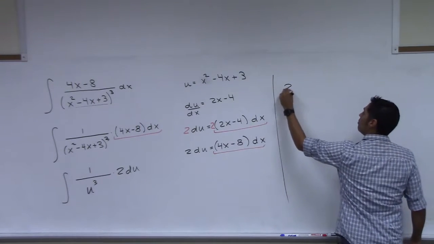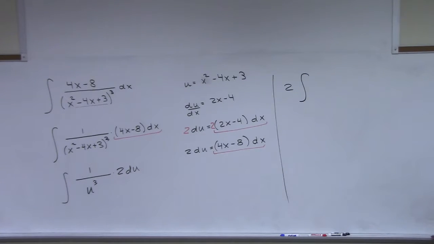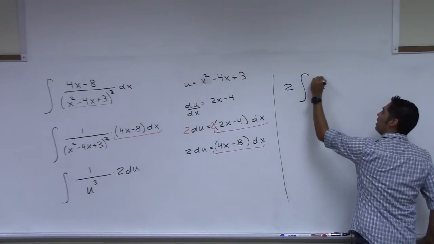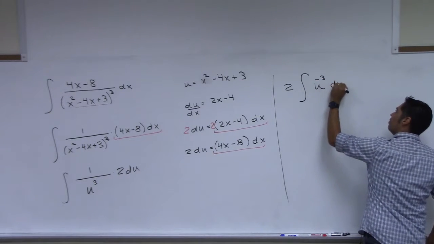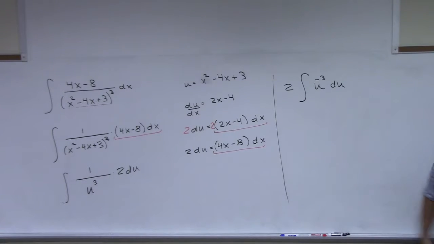So I have 2 integral, now 1 over u cubed. What am I going to use to integrate that? How do you integrate 1 over u cubed? Power rule. You first need to write it as u to the negative 3, then du. Then you can use the power rule. This is like x to the n, just we're using u's instead of x's.